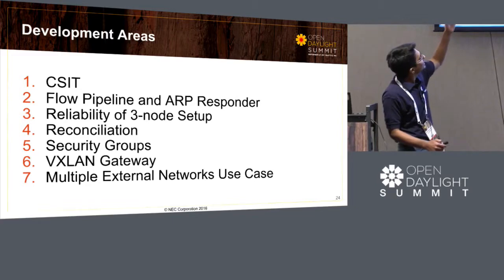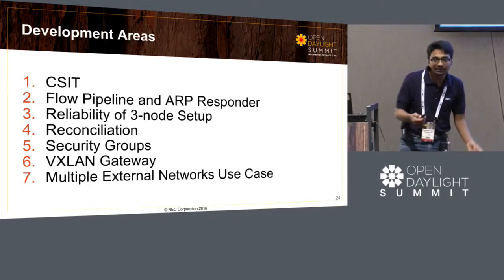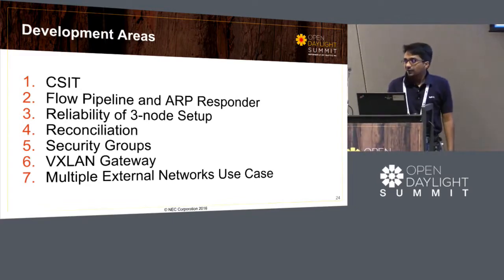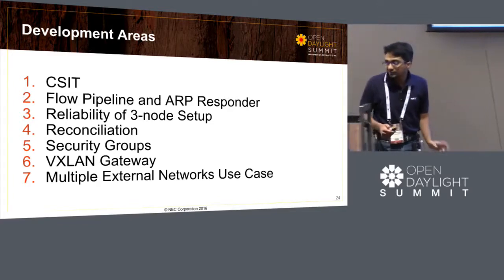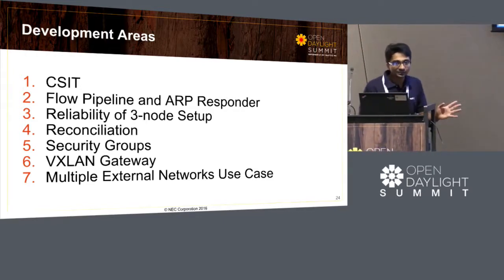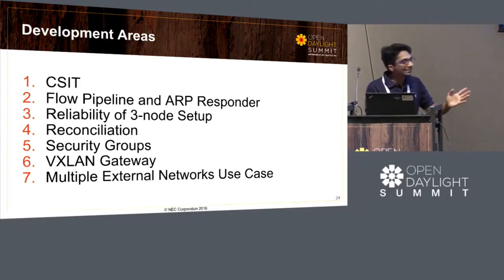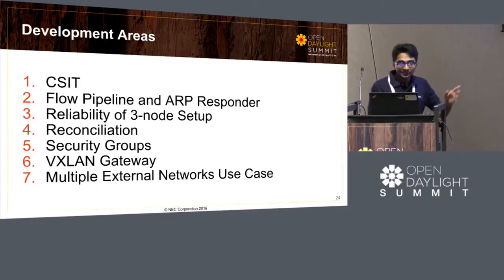Okay, so I'll start with CSIT. That was one of the first activities that we started, because we have been with OpenDaylight since Hydrogen, so we completely understand the importance of CSIT. Without a stable CSIT, much of the details of the project are not known. So we started with CSIT.